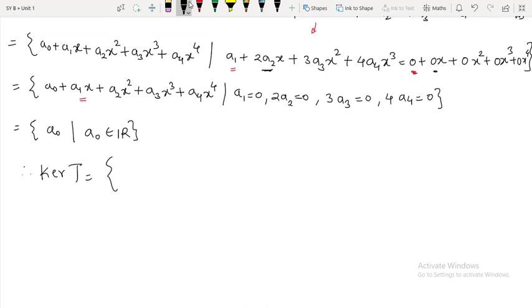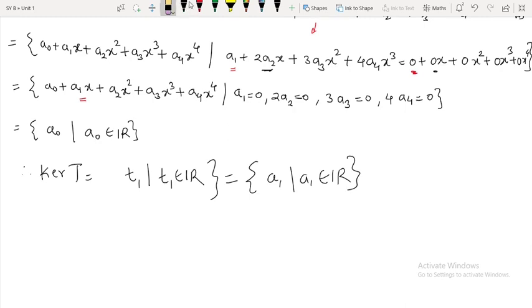Now note, this a naught is a real number, so I can also use the notation set of all t such that t belongs to R, or even I can use set of all t1 such that t1 belongs to R. This is one and the same. This set is also the same as the set of all a1 such that a1 belongs to R. Doesn't matter, this is simply the notation part.